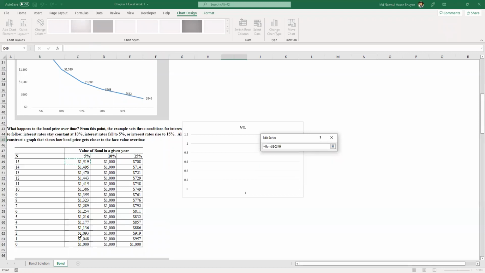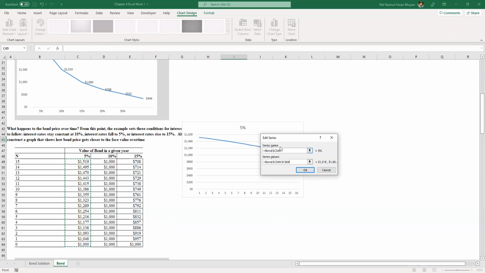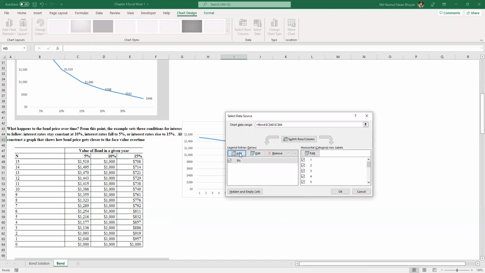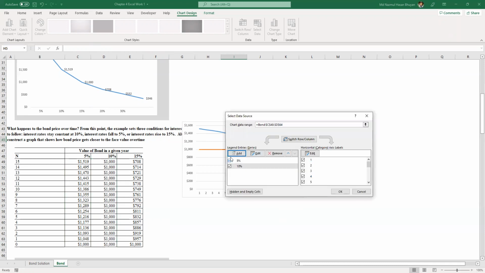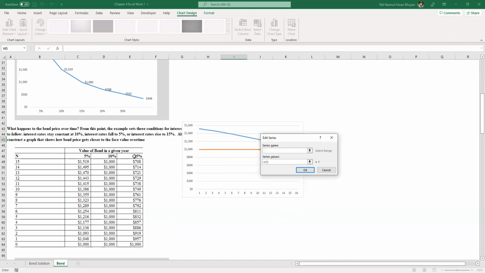And then let us also select the values under this particular title name. And then let us add another line. Let us name it 10%. And let us select the price under this particular 10% scenario. And then let us add another line and let us name it 15%. And then select the prices under this scenario.